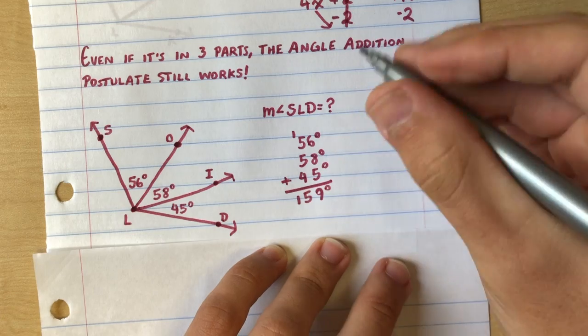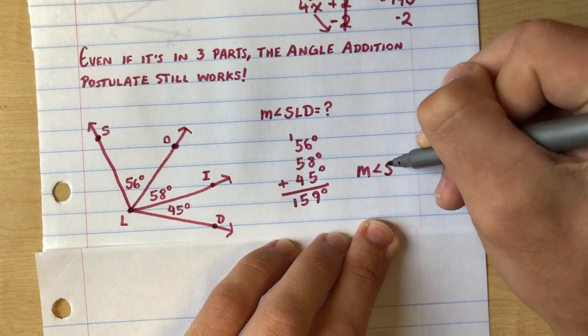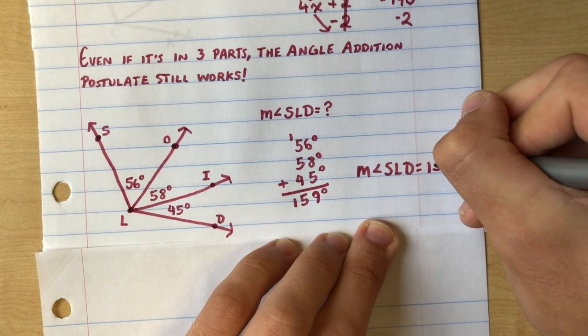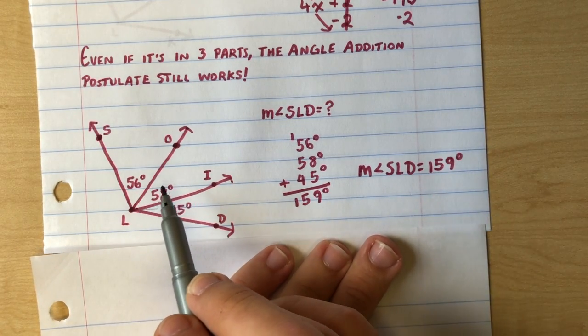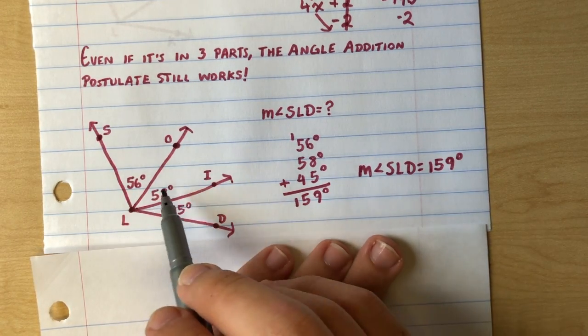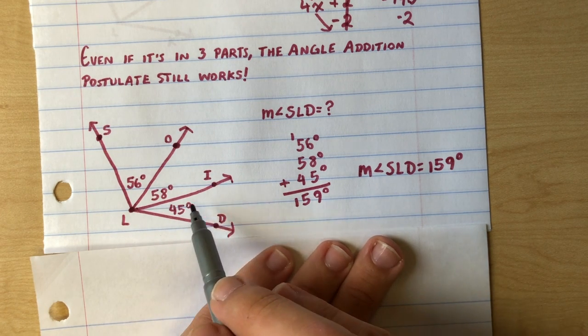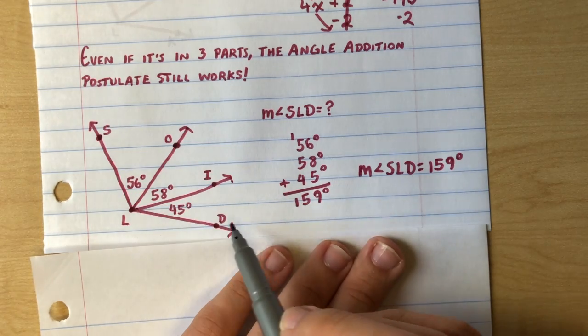So the whole thing, we would say the measure of angle SLD is 159 degrees. Again, because we know that each of these is just the sum of its parts. The whole thing is the sum of its parts, and that part is 56, that part is 58, that part is 45. So we can just add all of them together to get the big thing.